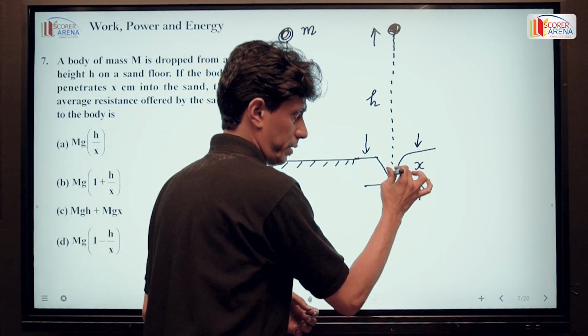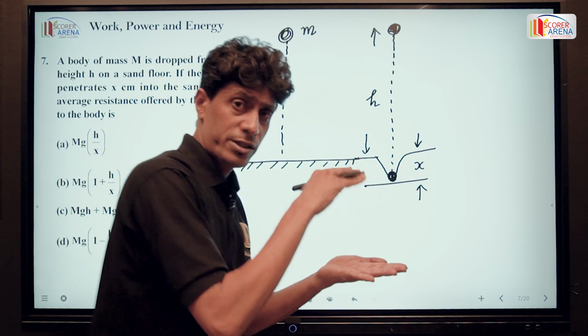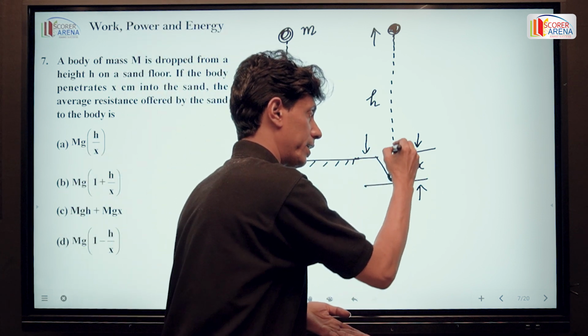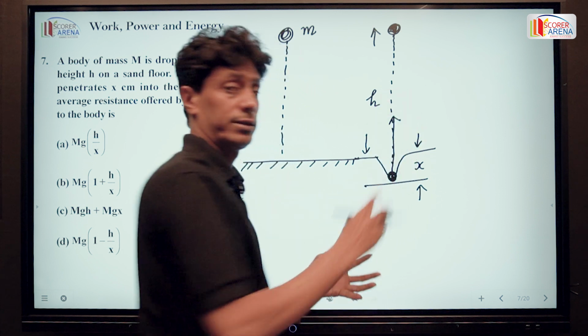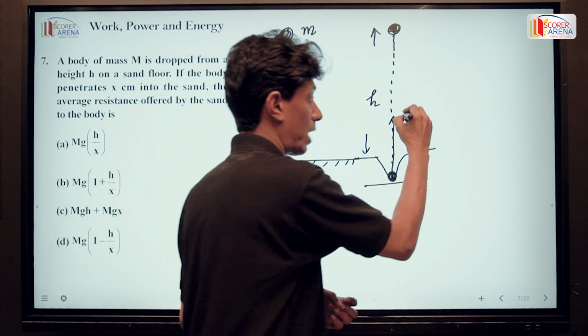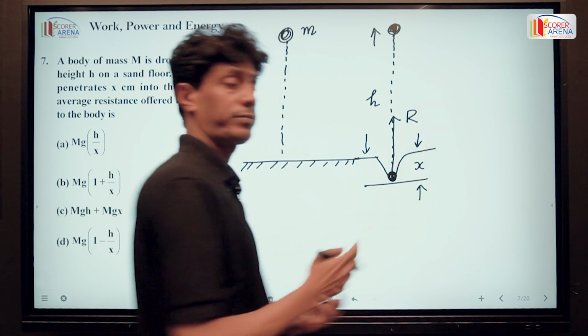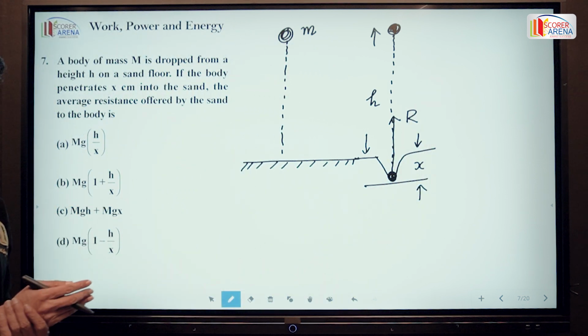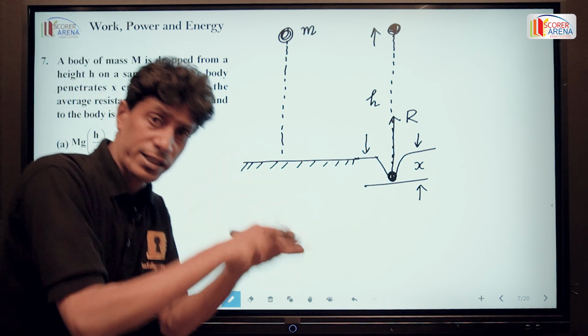So when the body just strikes the ground, there is a reaction offered by the ground on the body.